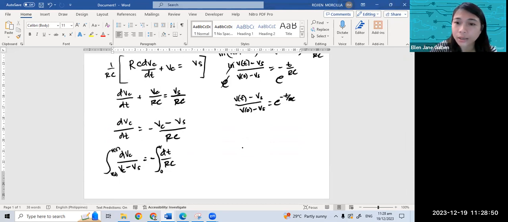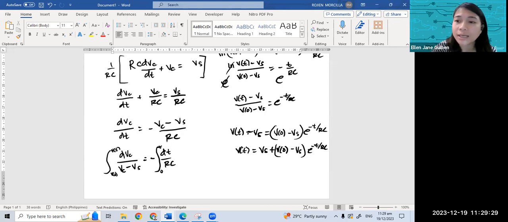Next, we can cross multiply. V of t minus Vs is equal to V0 minus Vs times e to the negative t over RC. V of t is equal to Vs plus V at 0 minus Vs e to the negative t over RC. But we all know, class, that it's not always that the switching starts at 0.